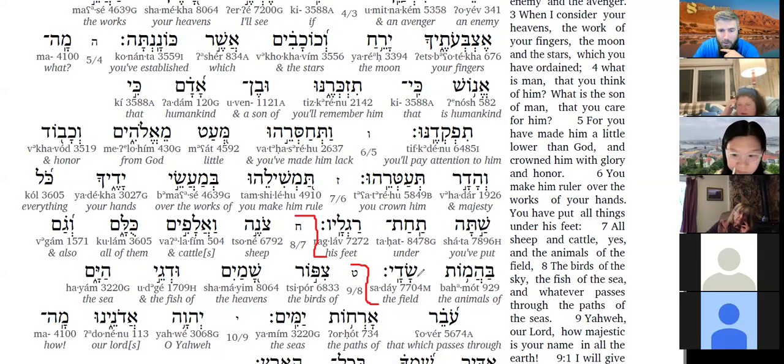Vegam bahmot sadai. All the beasts of the field. That's a weird way to spell sadai. What's going on there? What would we expect there? A hey. Yeah, exactly. We would expect the word sadeh. That's the usual form anyway.